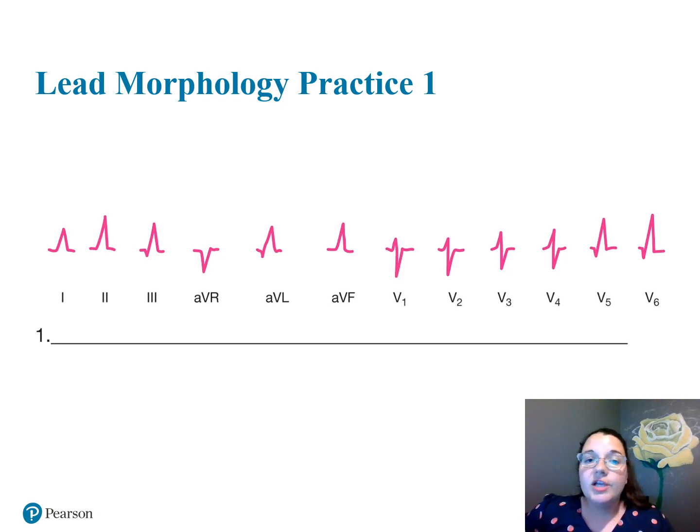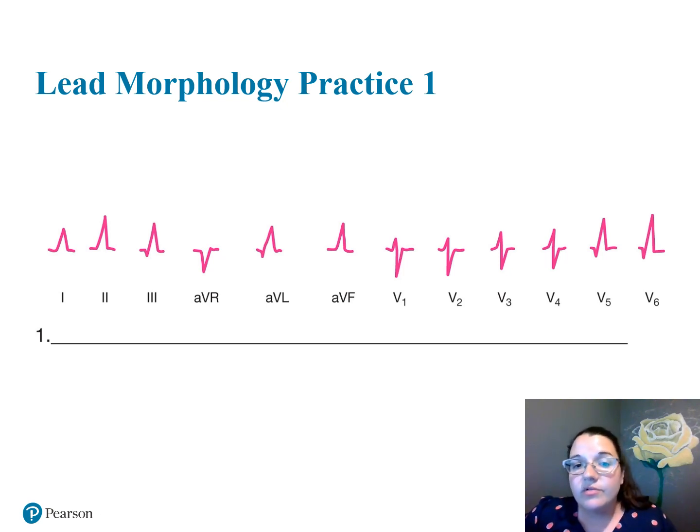So here we're going to look in lead 1, 2, and 3. We are positive. AVR, we're negative. We're positive in AVL, AVF. And then we're negative in V1 and V2. We become isoelectric in 3 and 4 and positive in 5 and 6.